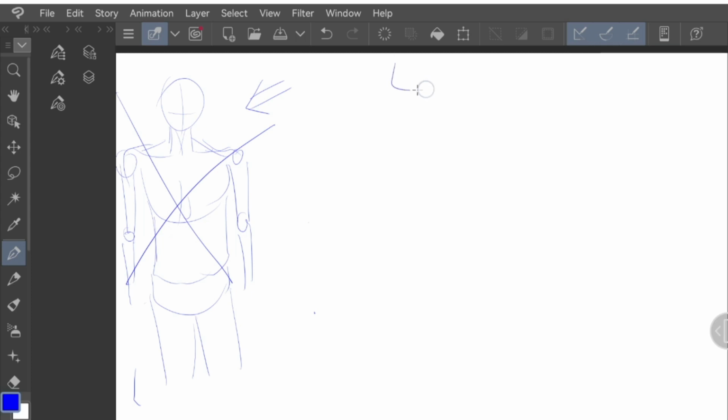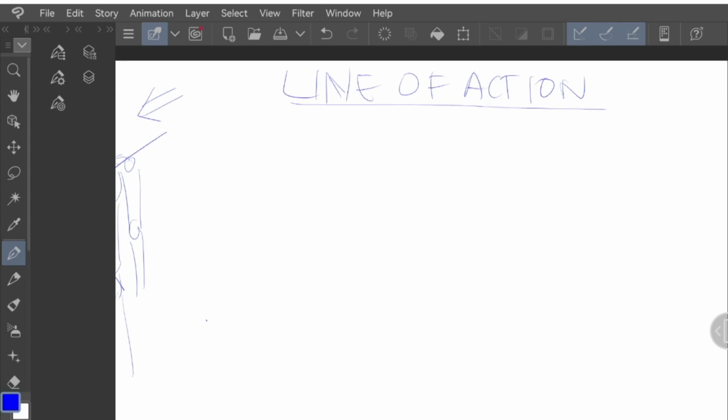Now, the first concept that we need to learn, especially as a beginner in posing, is that you need to know what the line of action is. Now what does this mean? The line of action basically just represents how force is applied within an object.